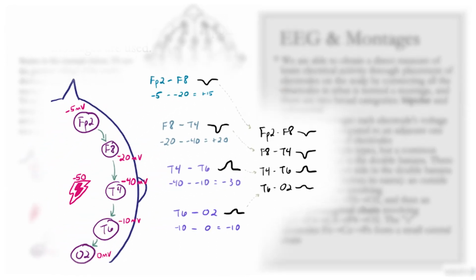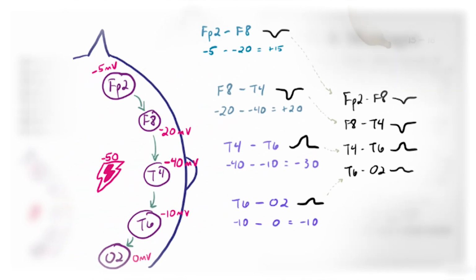The way that this works is to localize certain types of activity. If we look at the picture here to the left, we have FP2, F8, T4, T6, and O2. As you can see, the closer we get to any kind of activity, for instance, this activity where it says -50 microvolts, let's say we want to know which channel is the closest to that activity.